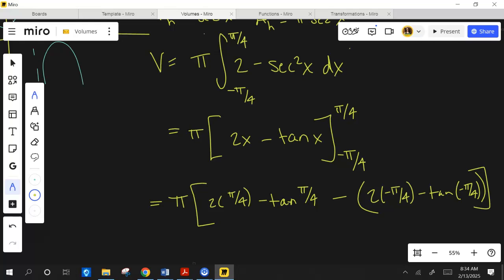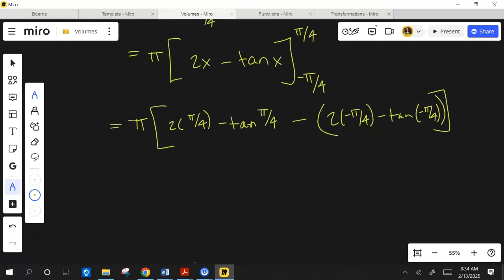I'm going too fast for y'all. This is a half a pi. Yeah, it is. Minus tangent of pi over 4 is what? 1. Minus, this is a negative half a pi. Minus, what's the tangent of negative pi over 4? Negative 1.